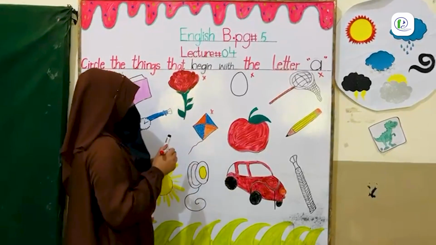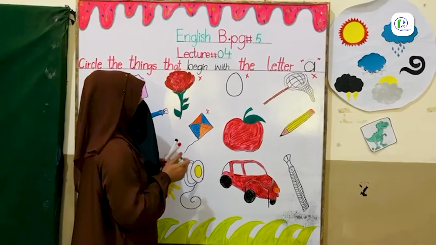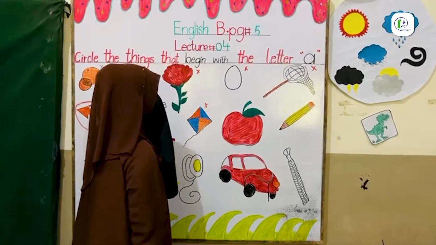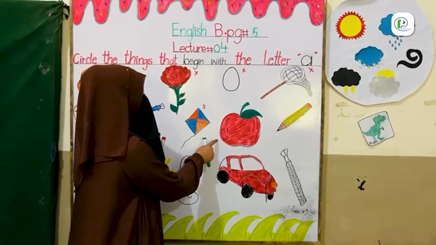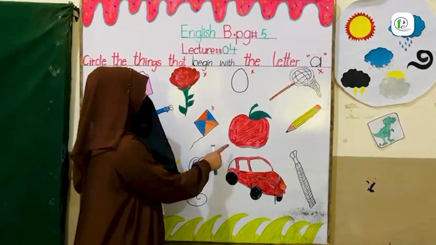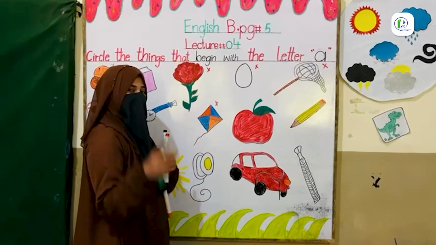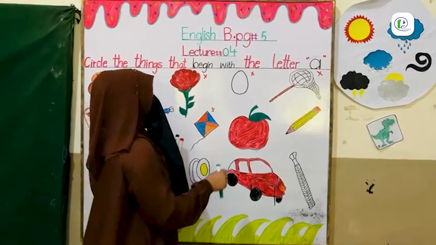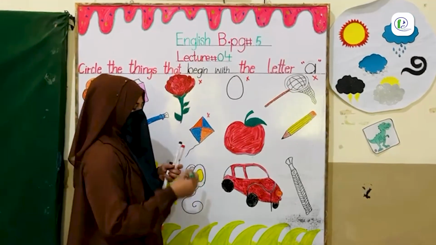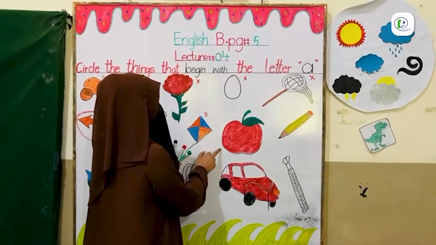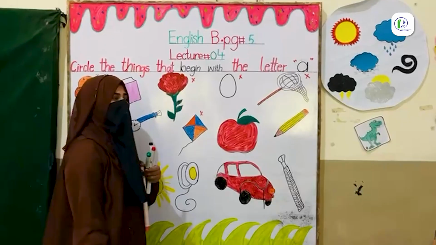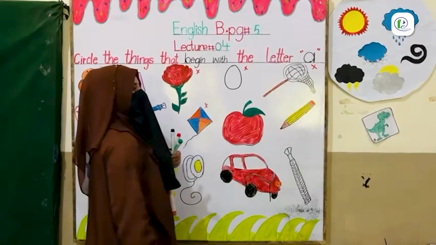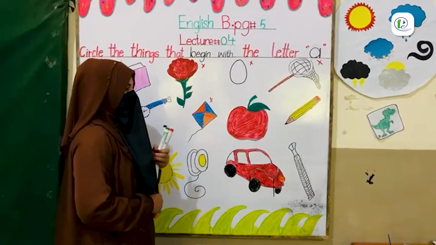Okay, move towards the next object. What is it? Look at this. Tell me, students, what it is. Yes, you are right. It's an apple. Does it start with letter A? Yes.